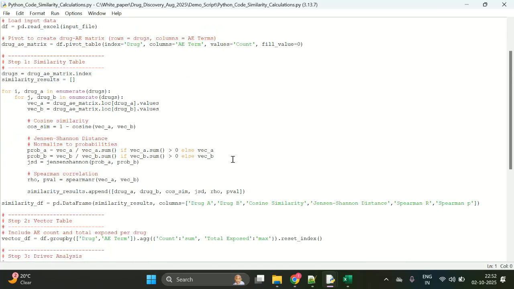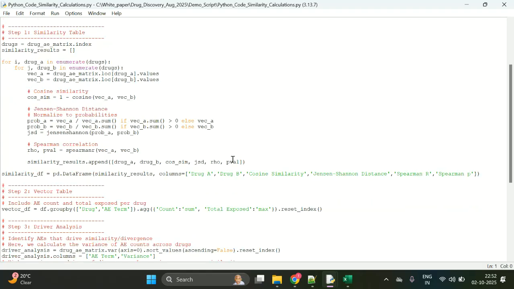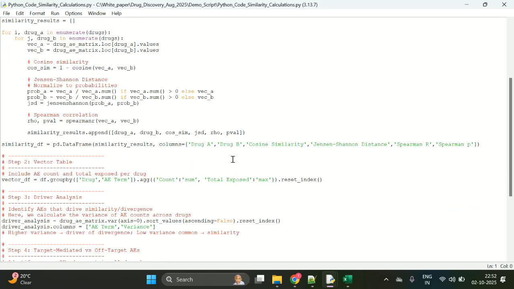By comparing these patterns across drugs, we can test whether the target really drives the observed biology. To do this objectively, we will use cosine similarity, Jensen-Shannon divergence, and Spearman rank correlation. This step provides us with a quantitative framework to evaluate whether adverse event data supports the target hypothesis.